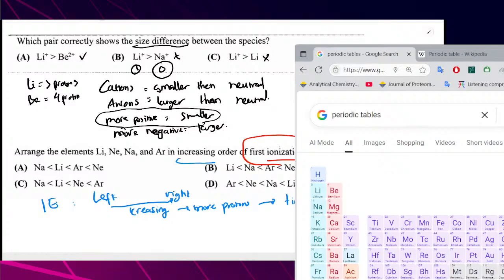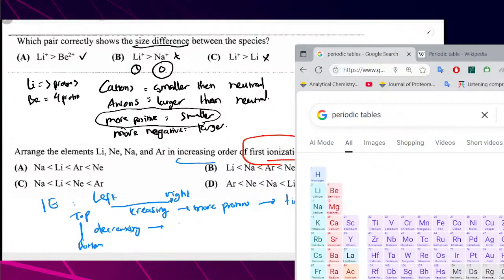How about the group, from the top to the bottom? How about the trend if we are looking from top to bottom? It tends to decrease. Why?